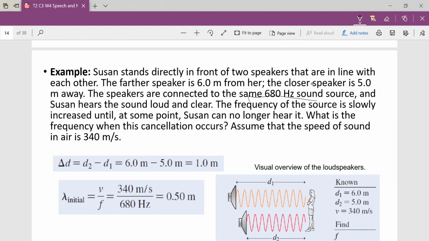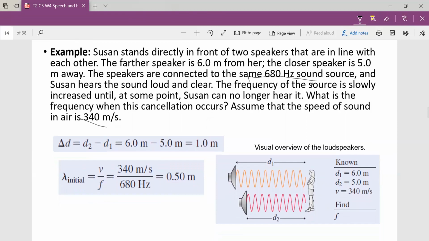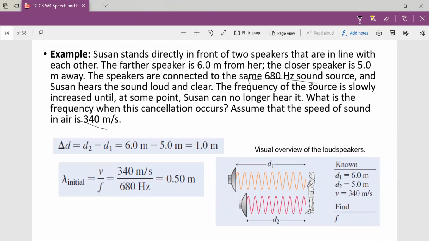The frequency of the source is slowly increased until at some point, Susan can no longer hear it. What is the frequency when the cancellation occurs? Assume that the speed of sound in air is 340 meters per second. So first we look for the change in D.